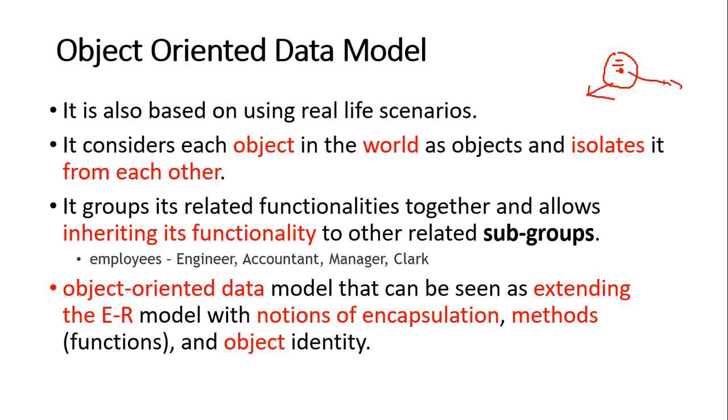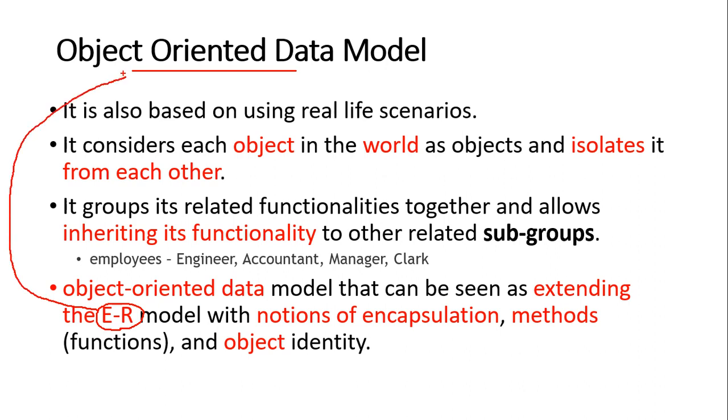So the object oriented data model is kind of an extension of the entity relationship model, by considering the entity as an object. An object can have a few properties, like the encapsulation of methods, and every object is identified by one property, that is the object ID. As well as we have one important concept that we have studied in object oriented programming, and that is the concept of inheritance.